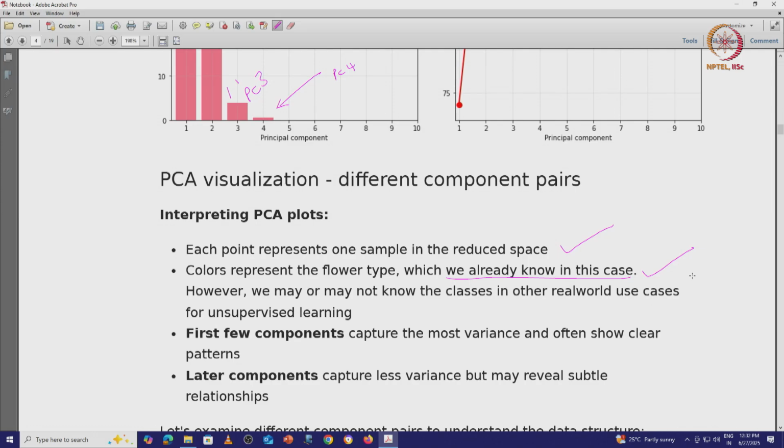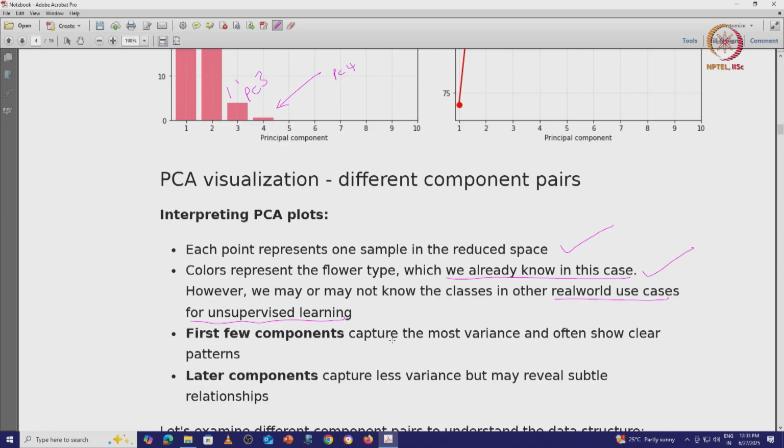However, that will not always be true. In real world applications of unsupervised learning, you may not know the types of the clusters a priori. So do keep in mind, whatever core engineering application you are applying this to, that you may or may not know the classes a priori.